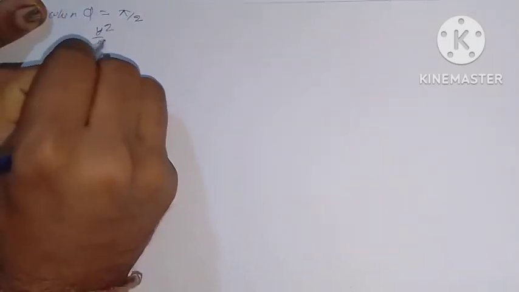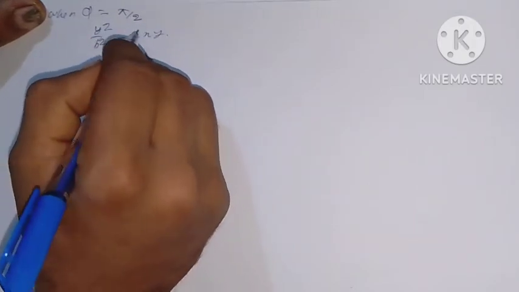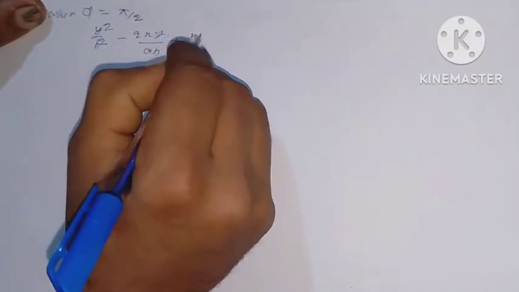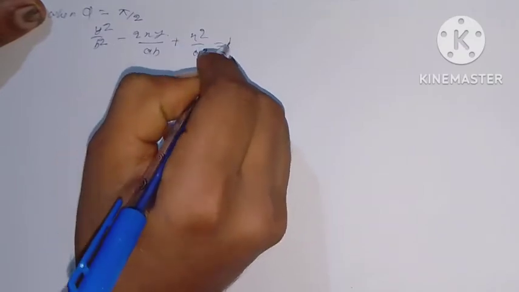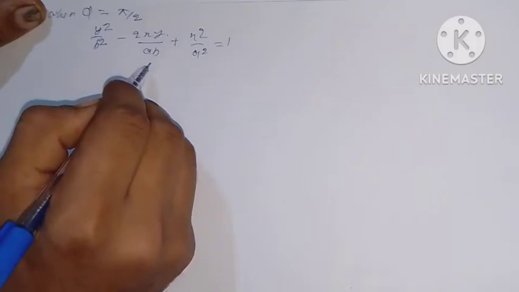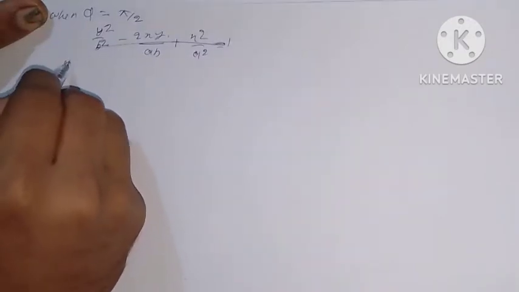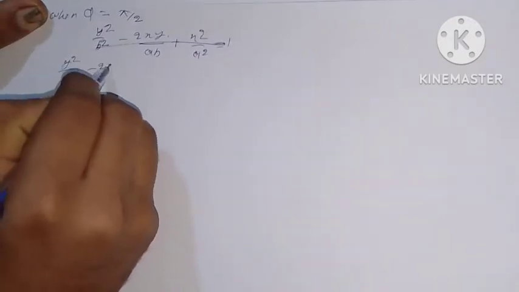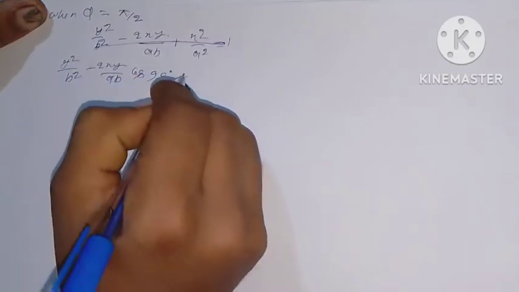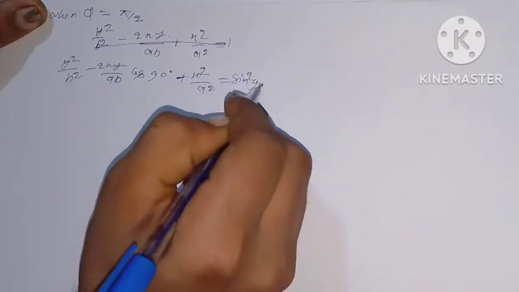y square upon b square minus 2xy upon ab cos 90 degree plus x square upon a square equal to sin square 90 degree.